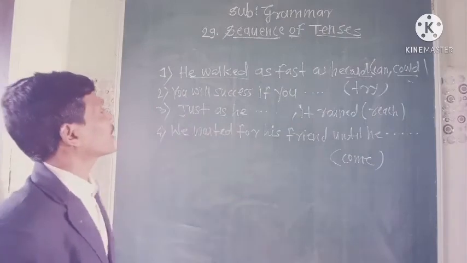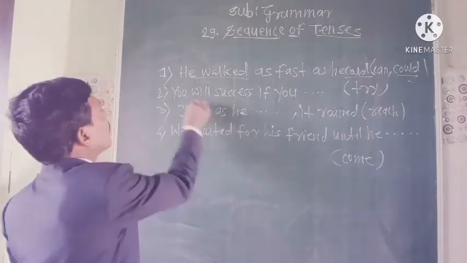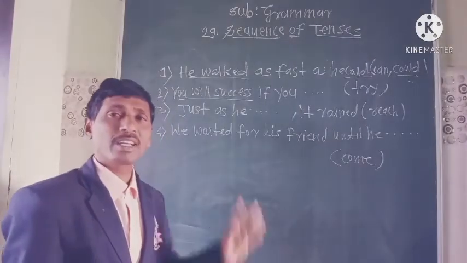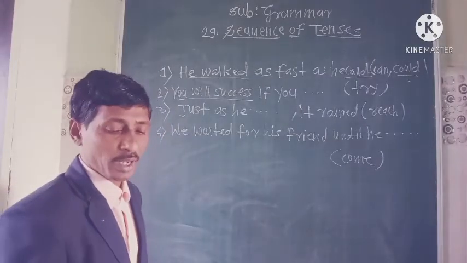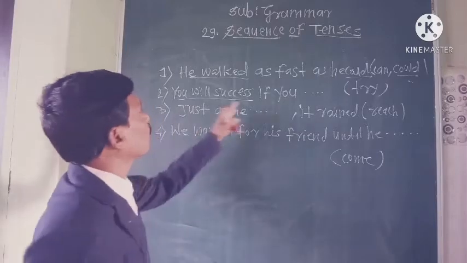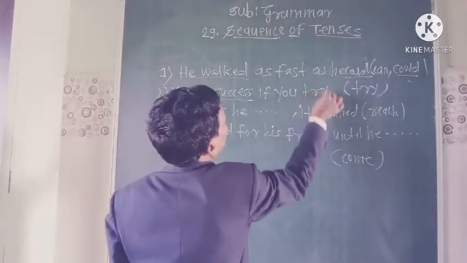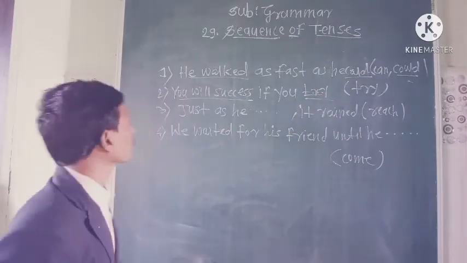Second: you will succeed if you. Here the given clause is in future tense, and if it is future tense, the next will be present tense. So, if you try, as it is the verb, we will not change it.